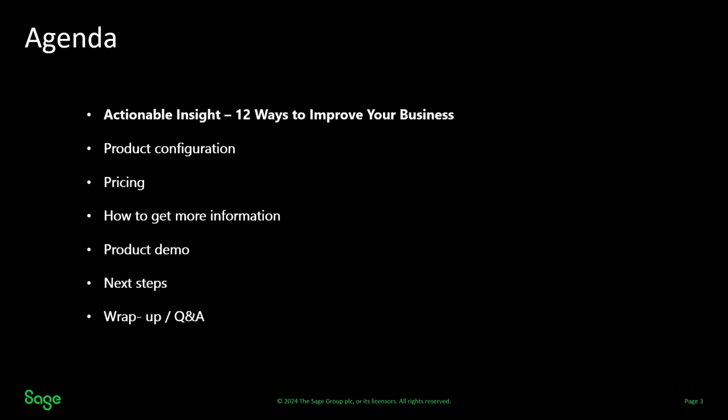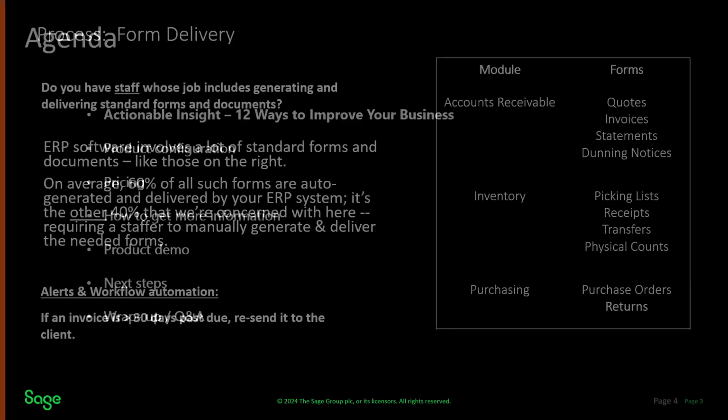I'll go through a quick product demo, which I think you'll find interesting, in what you can do with the product relatively quickly and pretty much out of the box. Then we'll go through some next steps of how to engage with me and your partner, and then we'll wrap up with a little Q&A.